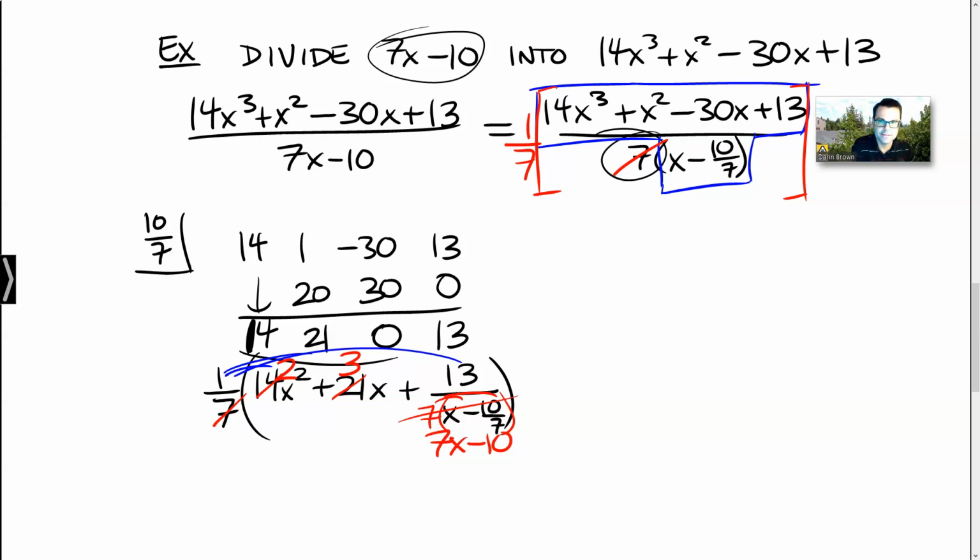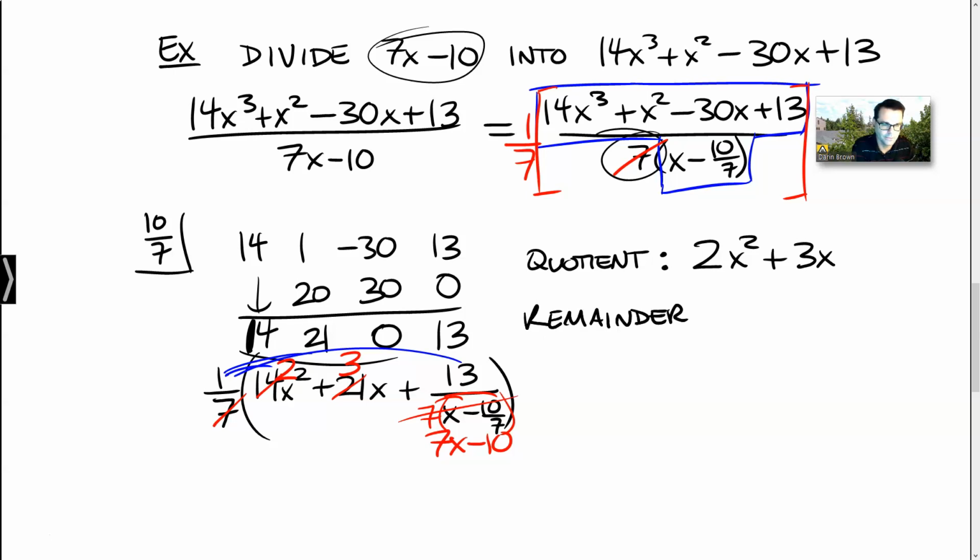We can say that when we divide this into this, we get a quotient of 2x squared plus 3x and a remainder of 13.